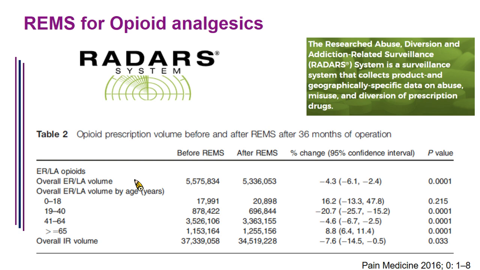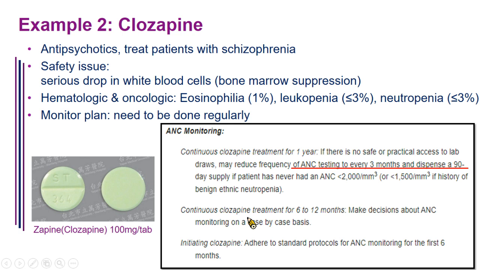All right, so another case that I'm presenting to you is clozapine. It is an antipsychotic used to treat patients with schizophrenia. What is the safety issue it comes with? A lot.